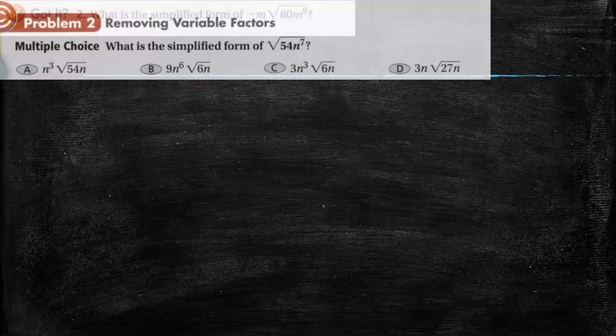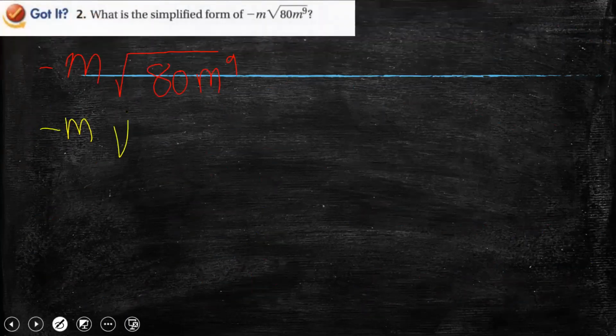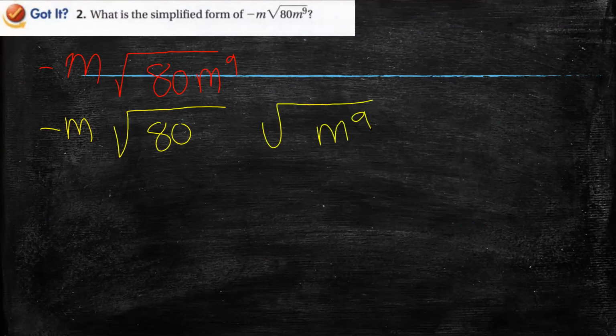I will write now 2 square roots, one for 80 and one for m to the power 9. Then after that, let's now work with 80.